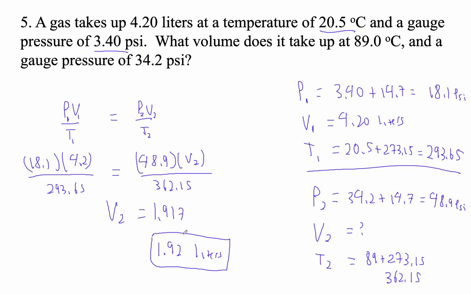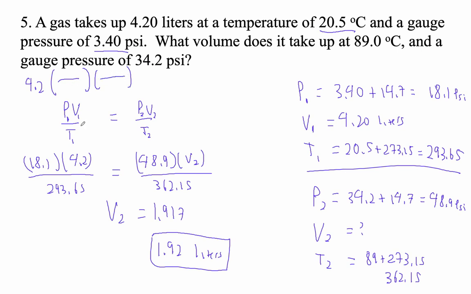Oh, one last thing. On this, you can actually, I mean, I just sort of back of the envelope this, right? The 4.2 liters, I'm going to multiply it by 2 factors here to get the answer.